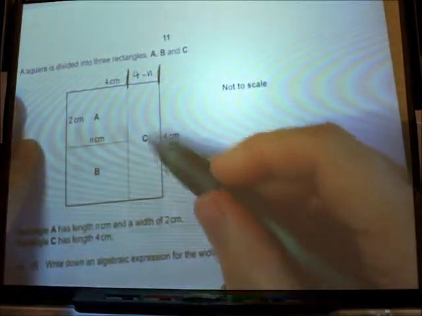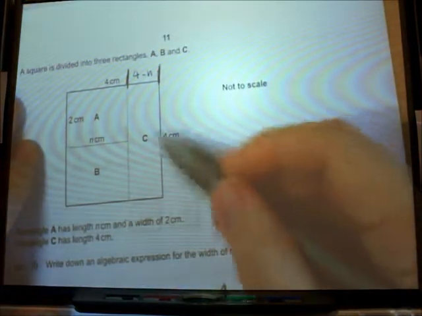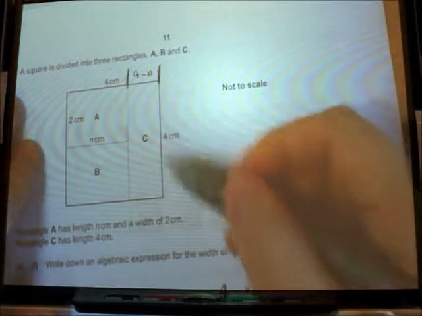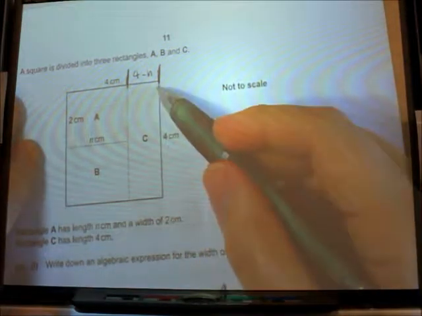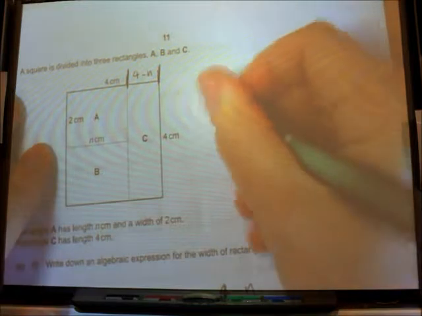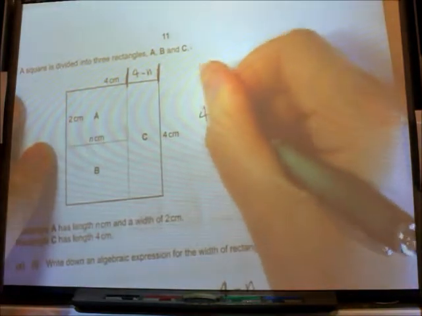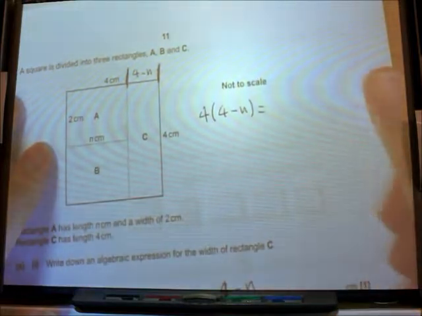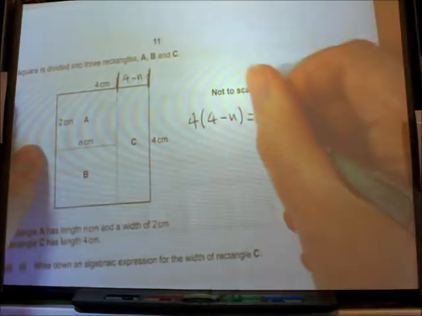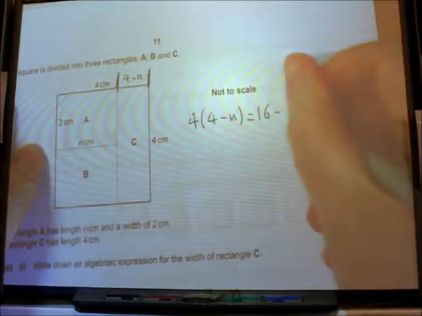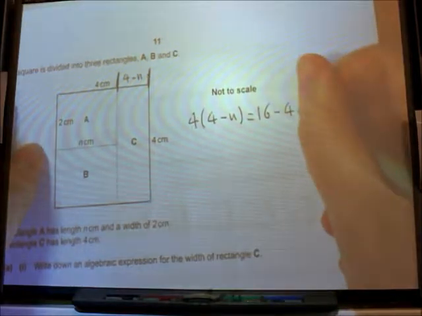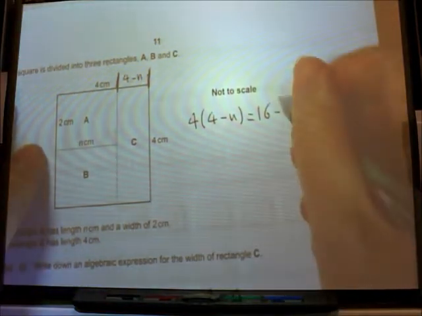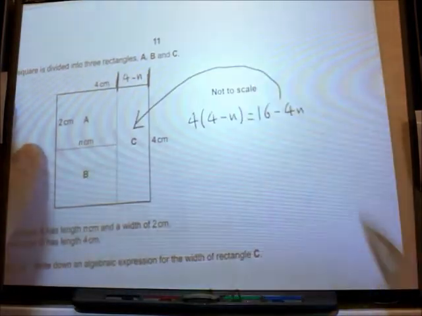So the area of rectangle C is the height, which is 4, times the width, which is 4 take away n. So algebraically, you could do 4 times 4 minus n in your brackets. So you multiply that out, and the area is 16 minus 4n. So that is the area of that rectangle there.